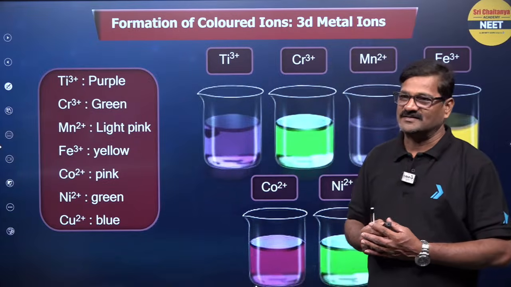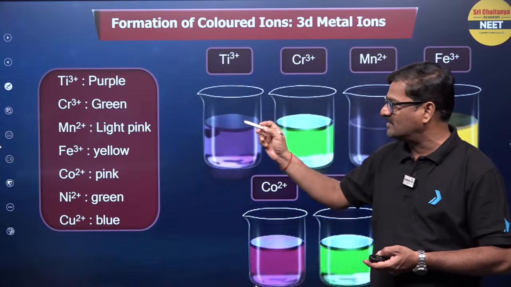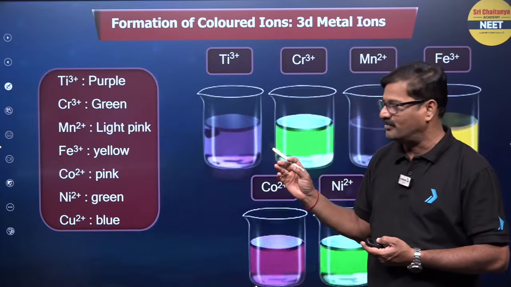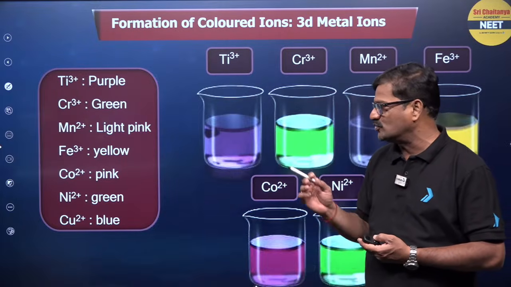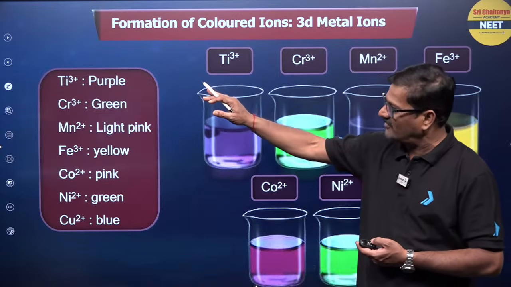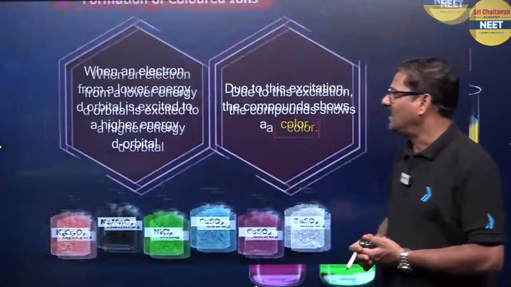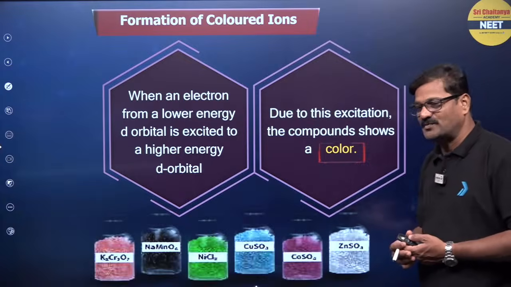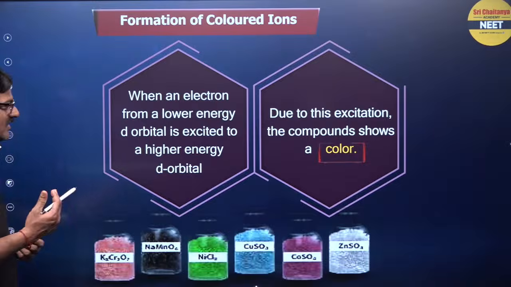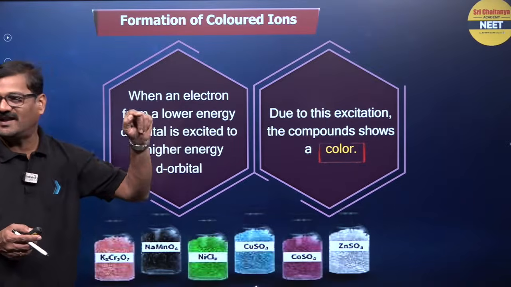As a result, Ti3+ is purple, Cr3+ green, Mn2+ light pink, Fe2+ yellow or brown, Co2+ pink, Ni2+ green, Cu2+ blue. These are fundamentally seen in the laboratory. When an electron from a lower energy orbital is excited to a higher energy orbital, due to this excitation the compound shows color.